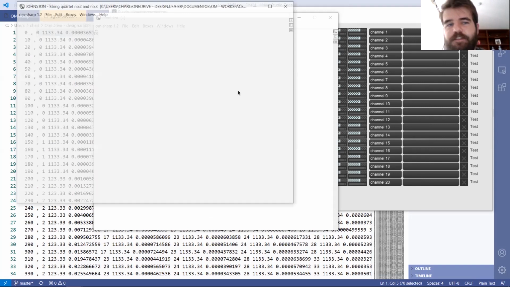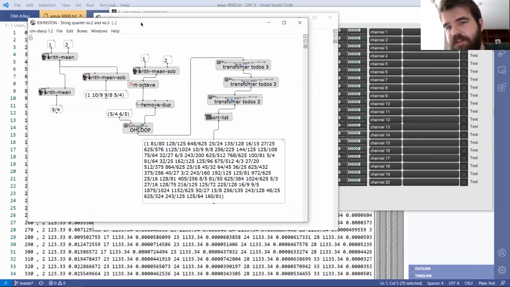Here I have the just intonation system of Ben Johnson used in his string quartet number 2 and number 3. All the functions that I create, I was inspired by the idea of Johnson. That is, in a basic way, the superposition or the overlap of the just intervals. So it's very simple.